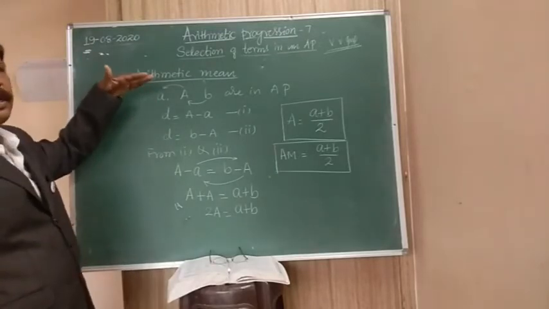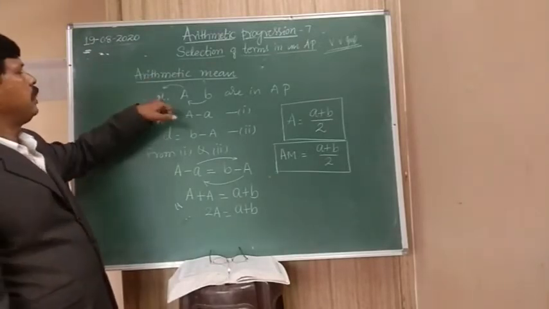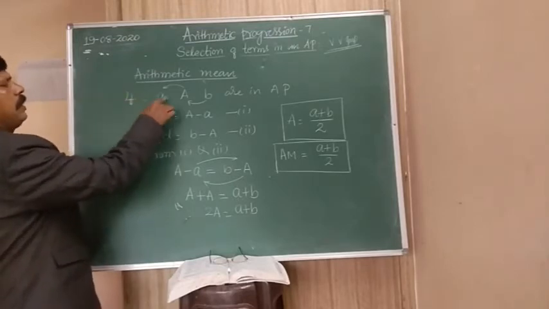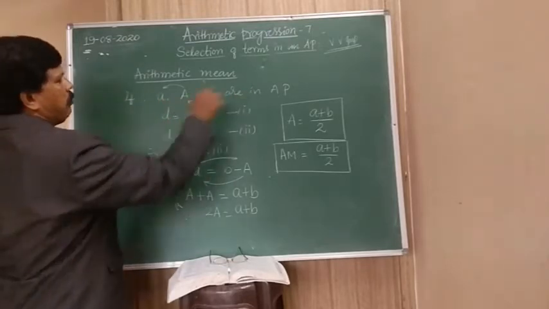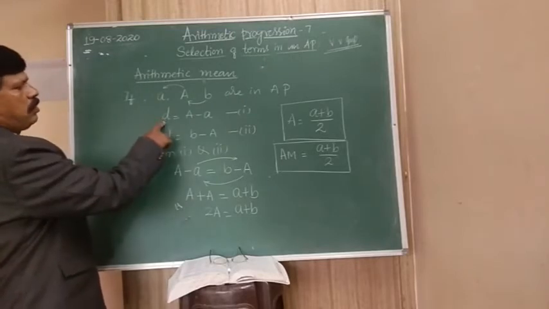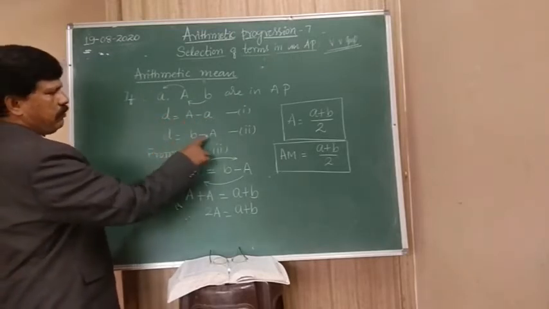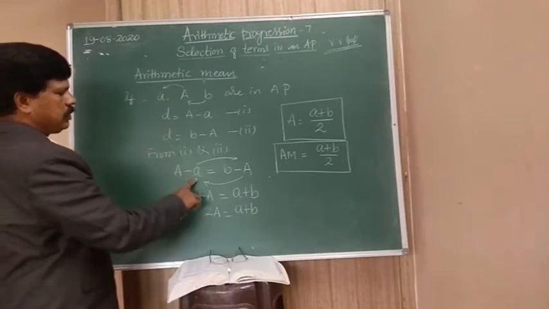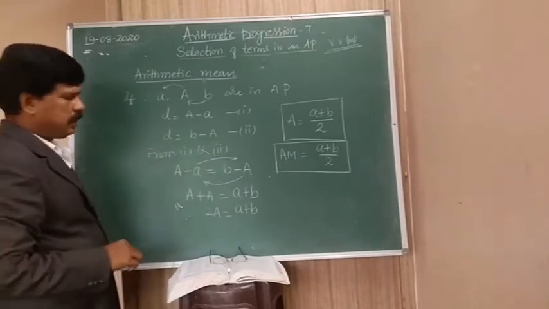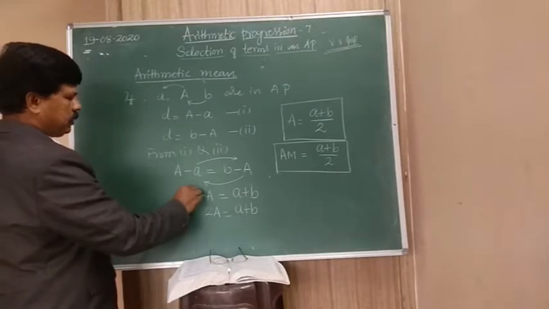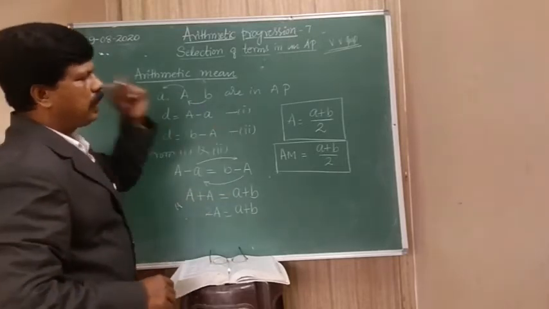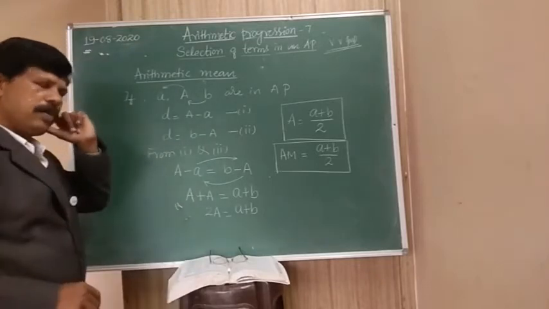That is the arithmetic mean. So, how to find the arithmetic mean? Look at this. If a, A, b are in AP, then first common difference is this, second difference is this. From 1 and 2, what you can write is A minus a is equal to b minus A. Then A plus A is equal to a plus b. Then A is equal to (a plus b) by 2.